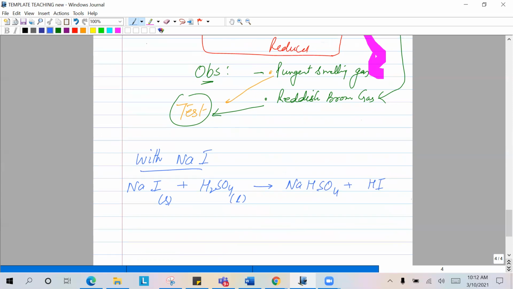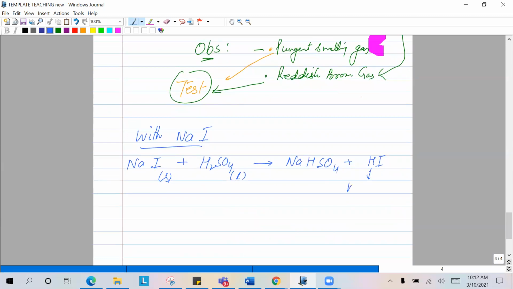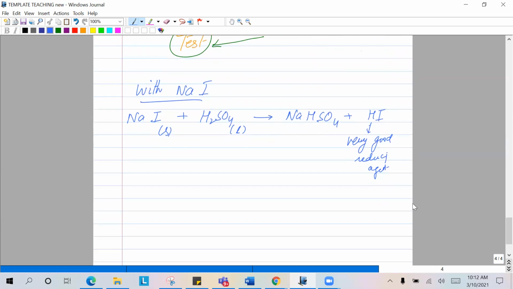But the problem is, this is a very good reducing agent, or we can say the strongest reducing agent among the halides. So what happens is now the HI reduces the H2SO4 to SO2 like HBr, but it is a strong reducing agent.